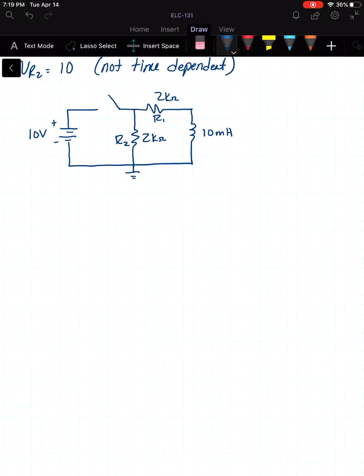And our 10 millihenries. All right, so in order to analyze the release phase, the most important thing to know is what is IL at the time we open the switch.